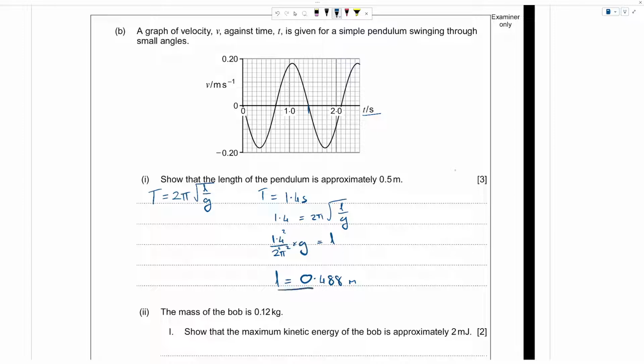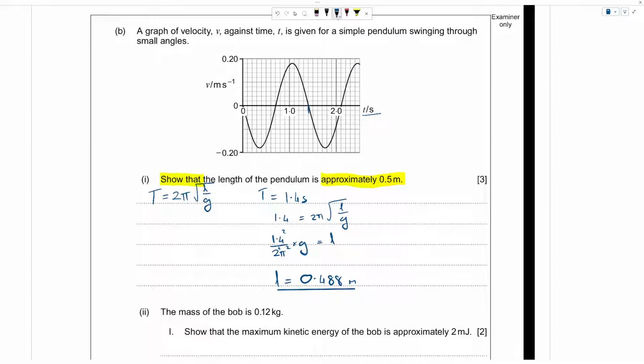Worth noting though, when you have this type of question, when you've got a question that says show that, and then something is approximately whatever, do not simply sub your numbers in and then say that's approximately 0.5.